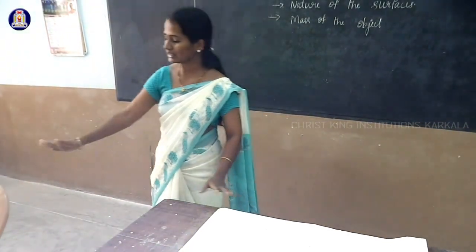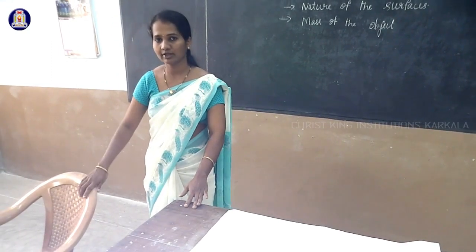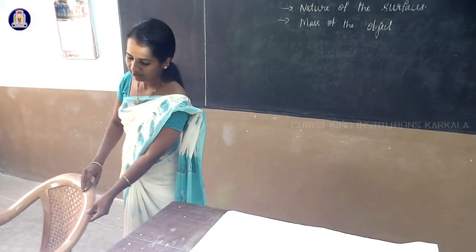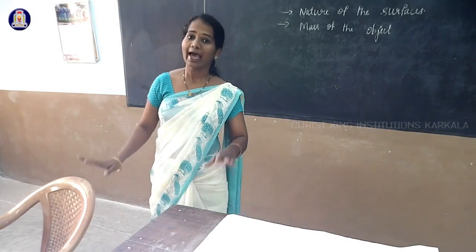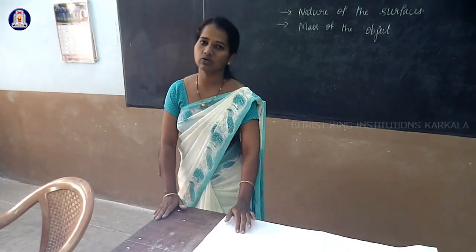But when you consider this chair, the mass of the chair is less, so the frictional force between the surface of this chair and the ground is less. So as the mass of the object is more, friction is also more.